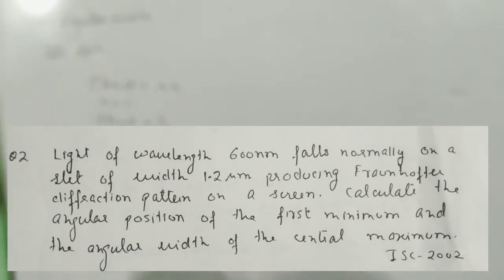Then you put the data: the wavelength is 600 nanometer, and the width a is 1.2 micrometer.